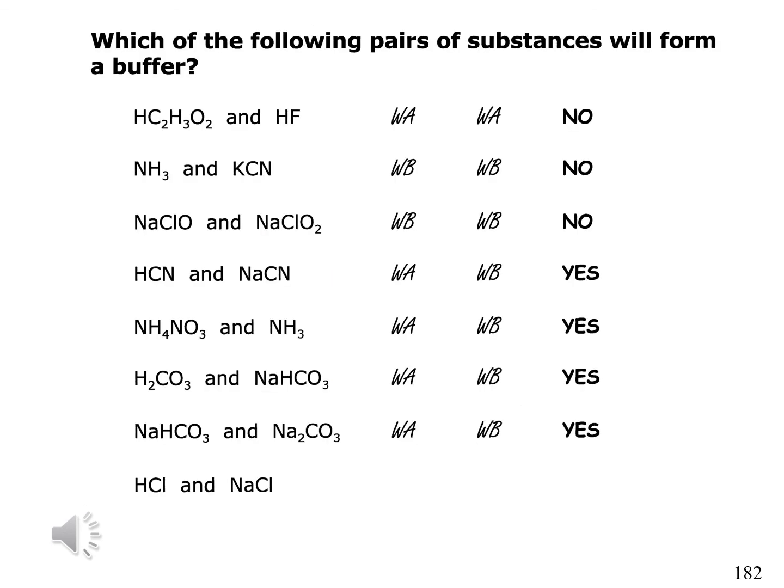After we got through with all that now, I want to ask you the next one, which is a little tricky. Can you make a buffer from HCl and NaCl?